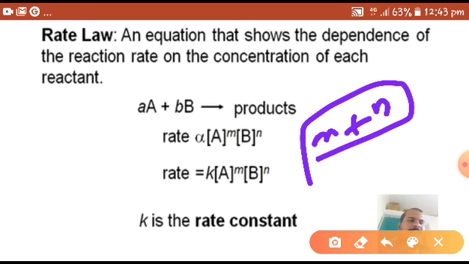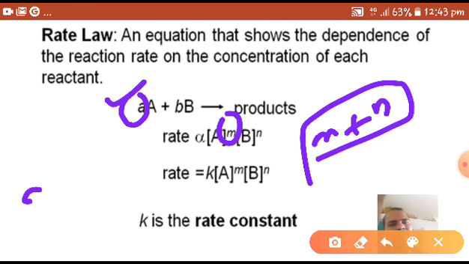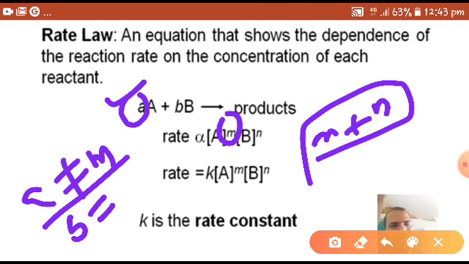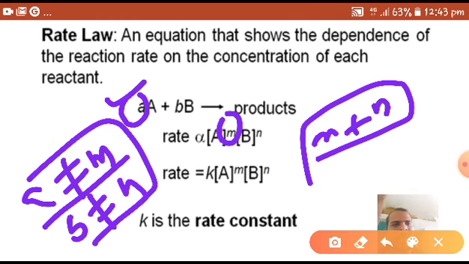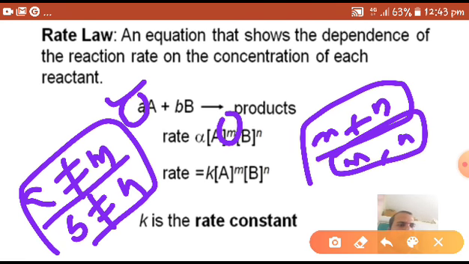We cannot write a rate law by simply looking at the equation. The number of moles of A is small a, but I wrote here m. So a may or may not be equal to m, or b may or may not be equal to n. Here m and n are experimentally determined quantities.